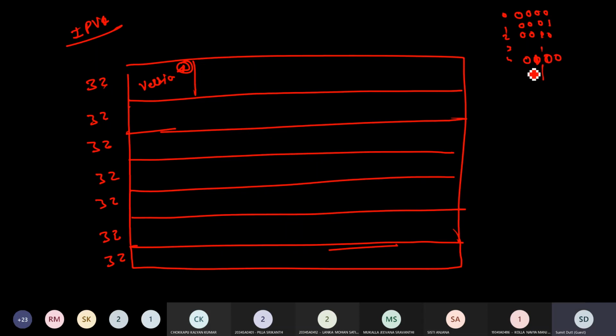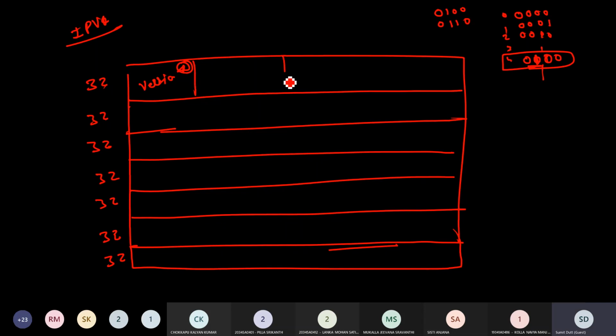So if it is IPv4, it will carry this value 0100. If it is IPv6, it will be 0110. So this is how it tells the node whether we are using IPv4 or v6. Right. So the first 4 bits represent the version.